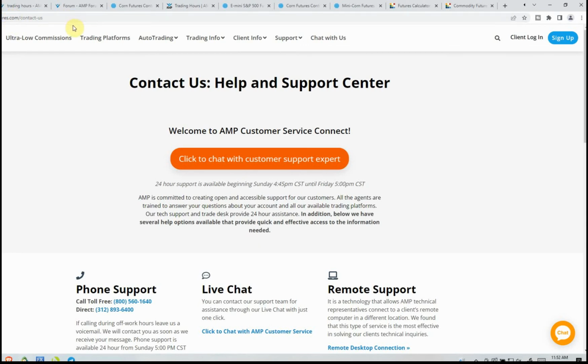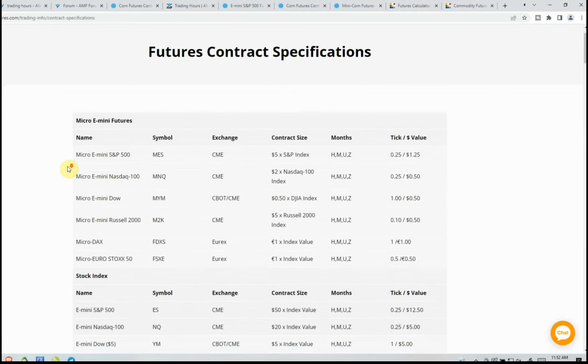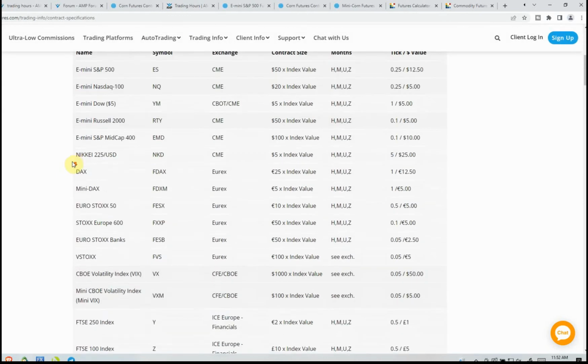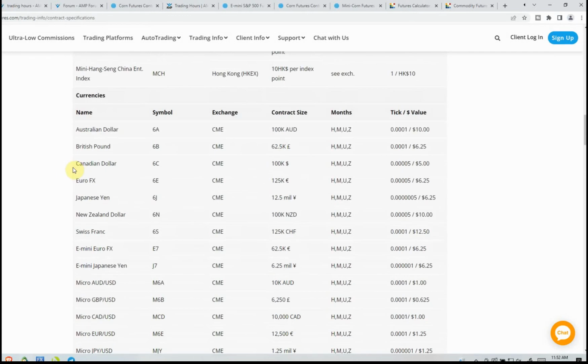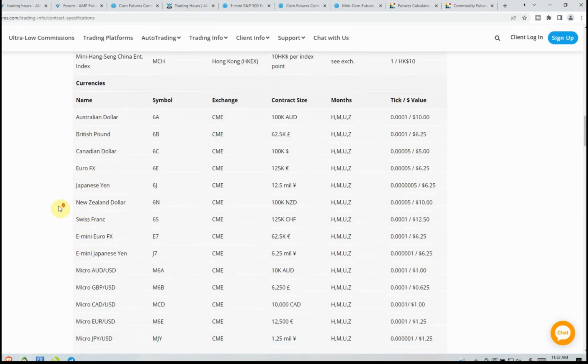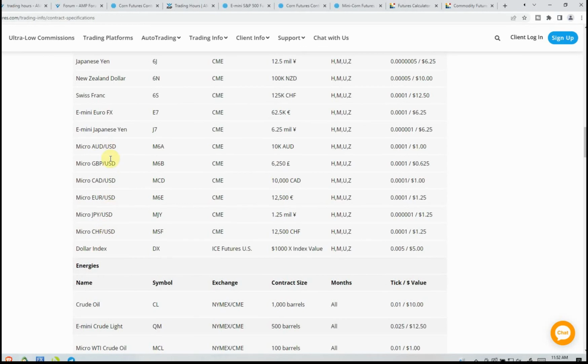AMP Futures, ampfutures.com, is a broker, and they are brokers for all kinds of different markets. They have financial markets like e-futures and stock indices. They also have currencies. Now these are just the spot currencies. These aren't pairs, but they do have some pairs. You can see right here, they do have a handful of pairs that you can trade.